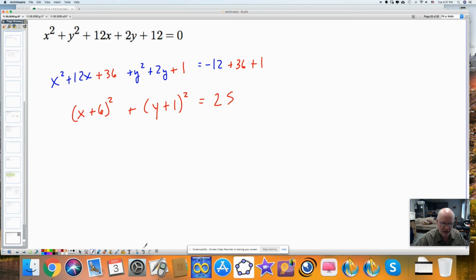Or I could write that as 5 squared. So my center of this is going to be negative 6, negative 1, and my radius is equal to 5. And that's all I've got. Please look over the lesson summary, and good luck and success.